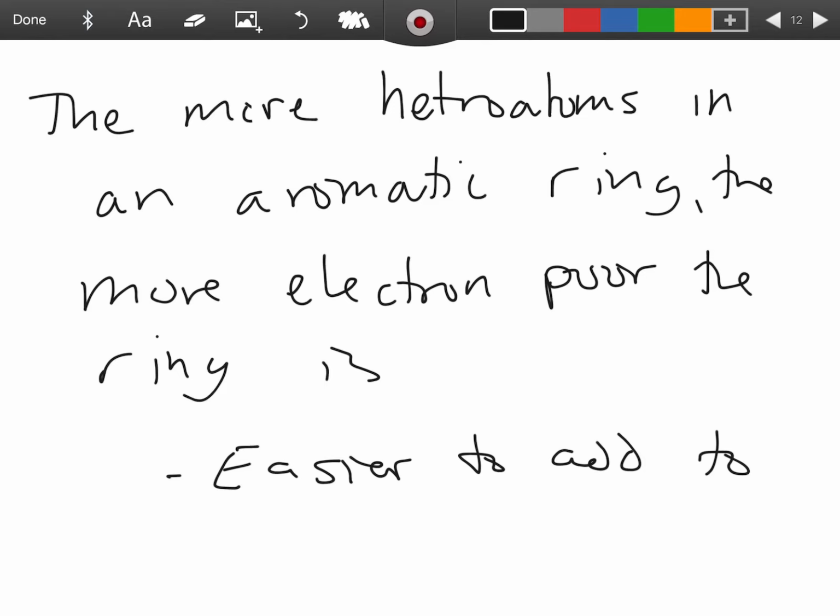So here they're using tetrazole, a 5-membered ring that has 4 nitrogens in it. So that ring is really electron poor. So once you do your addition to your aldehyde, it's easy for that O- to add to the carbon that has a sulfur to it and do the Smiles rearrangement and make the double bond.